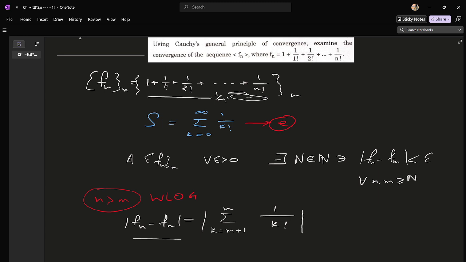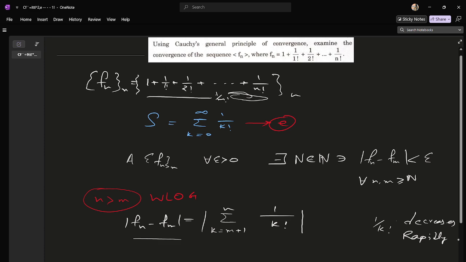Each term 1 by k factorial decreases rapidly because factorials grow very fast. So for large m, the terms 1 by k factorial become arbitrarily small.